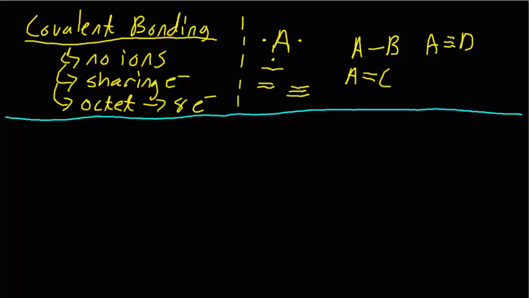All right, so let's look at an example of this. And again, things to keep in mind. This is not about ions. We're sharing electrons, and we're going to share electrons to fulfill that octet rule. So let's look at, this is a great example for this, carbon dioxide, right? So carbon dioxide has 1 carbon and 2 oxygen atoms.